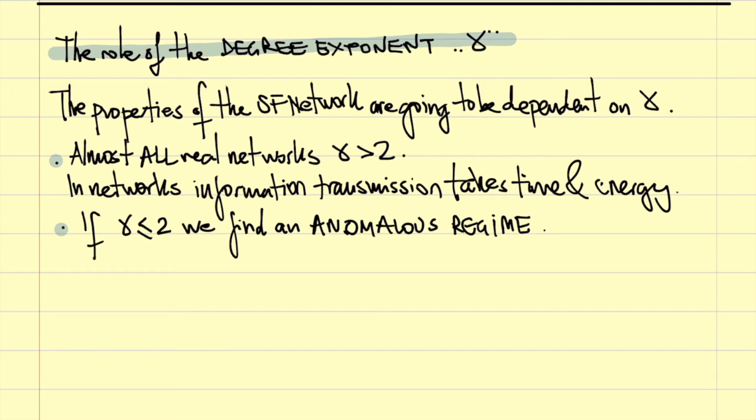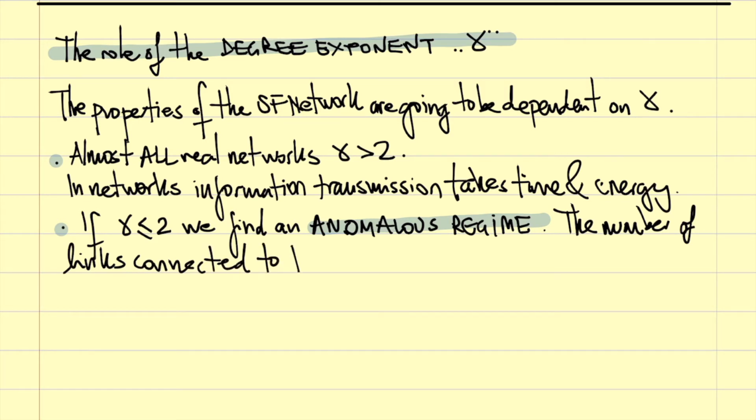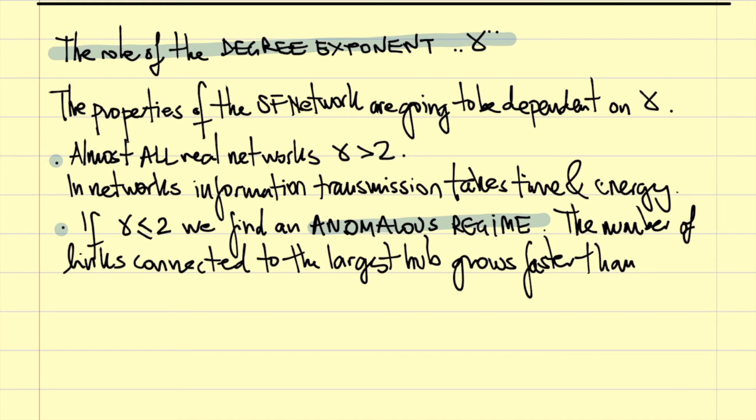Okay, this means that the number of links connected to the largest hub grows faster than the size of the network.